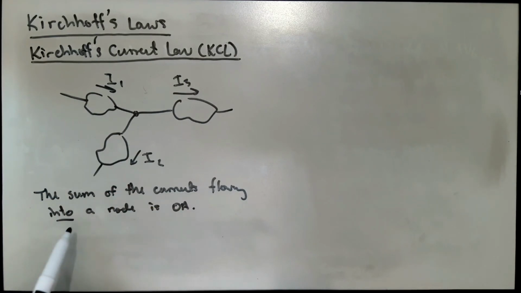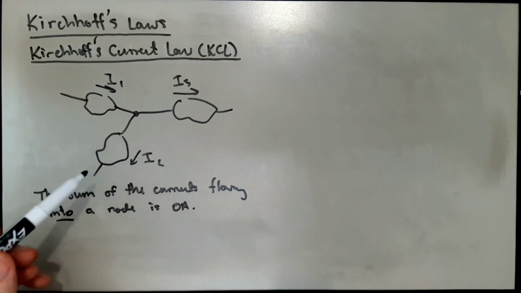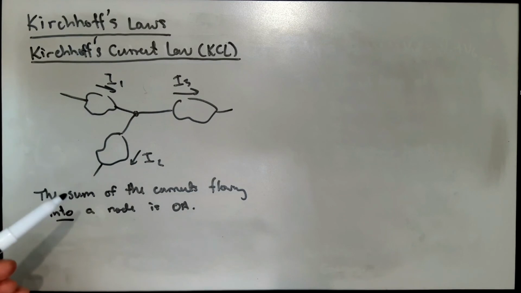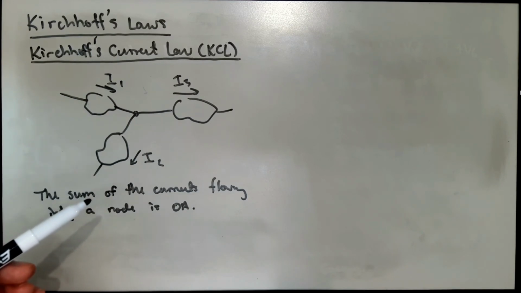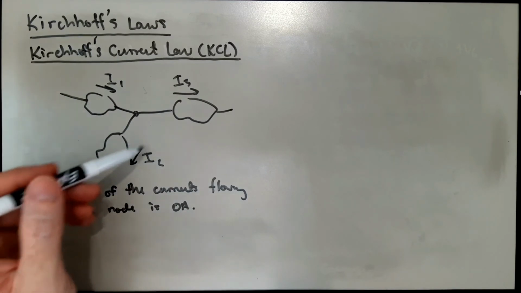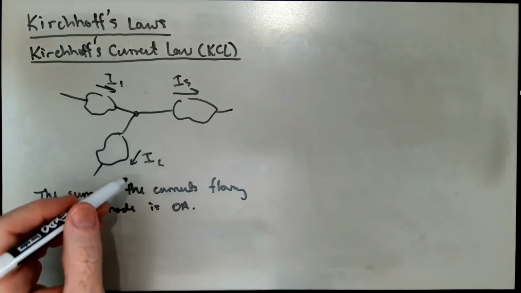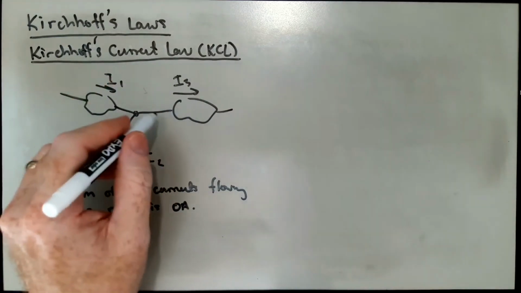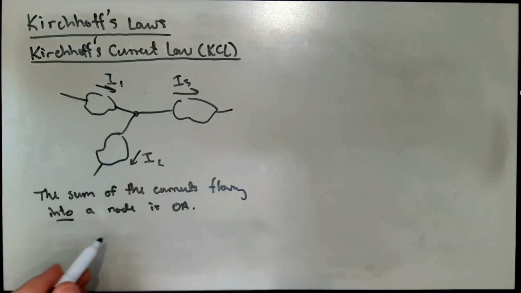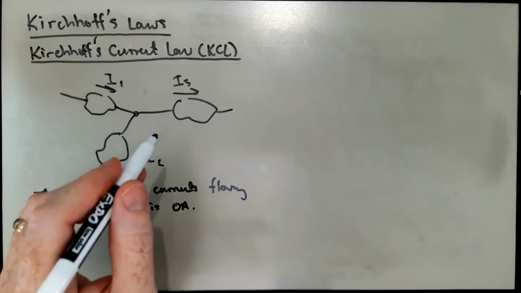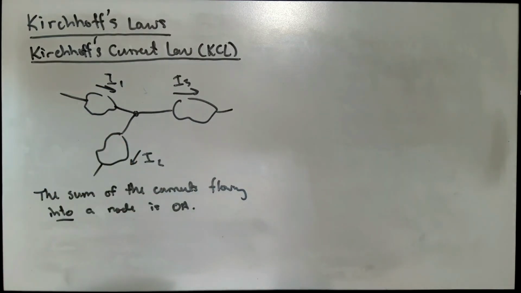In this formulation, current flowing out of the node is negative current flowing into the node. So we could flip I2 and I3 and put minus I2 and minus I3 and have the currents flowing in, and we would write I1 minus I2 minus I3 equals 0.